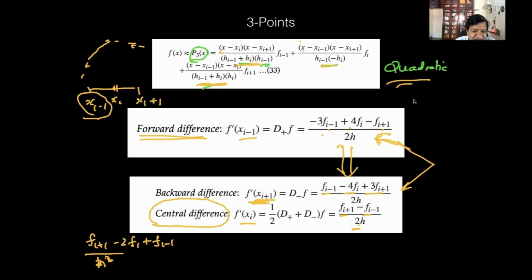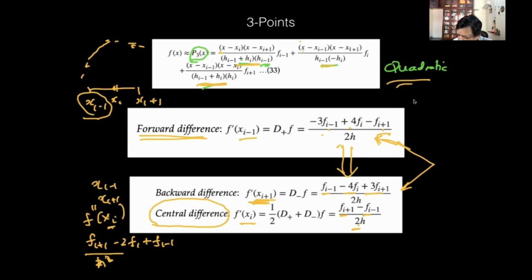This is central difference, the second derivative, f double prime, with 3 points. You get exactly the same at any point, because this is x squared, and the double derivative is always 2. So this is the same for any point. I did not write x_i, but x_{i+1} and x_{i-1}.